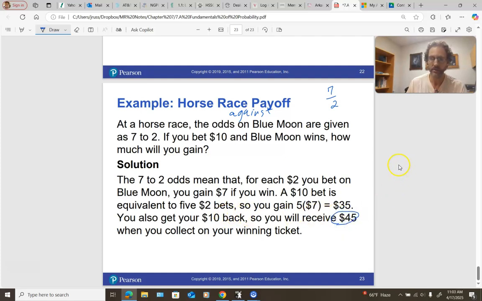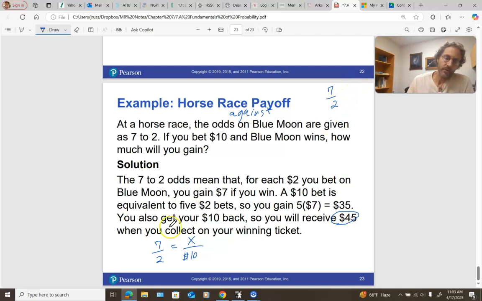Now let me show you an easier way to figure this out. I set up a ratio, okay? So these are the odds against Blue Moon. And so when you bet, you're going to be betting $10, and then up here we can use x to represent the variable, which represents how much you're going to win.